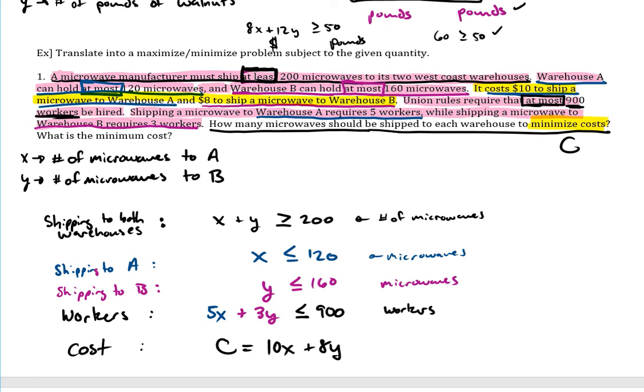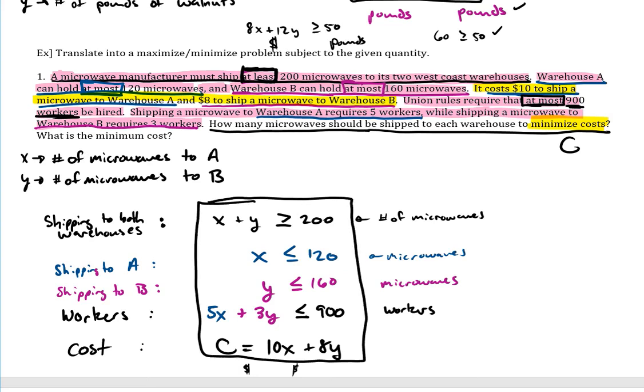And that would match our cost, so $10 per microwave shipped to A. So if we were to plug in numbers, this does represent a dollar amount, and this does represent a dollar amount on the left. So that looks like it's good too. Okay, and so this right here, let's box it up. So those are all of the statements we needed for the translate problem.